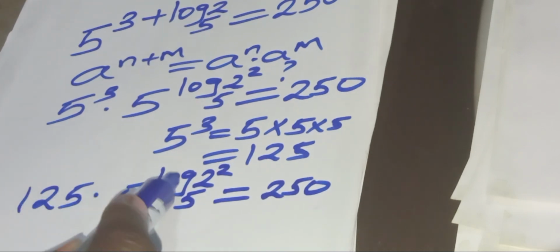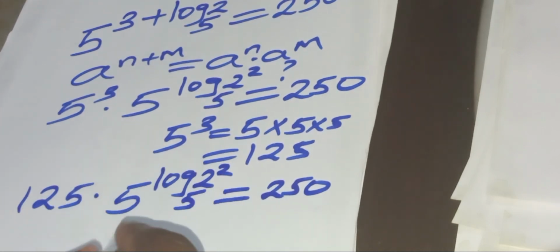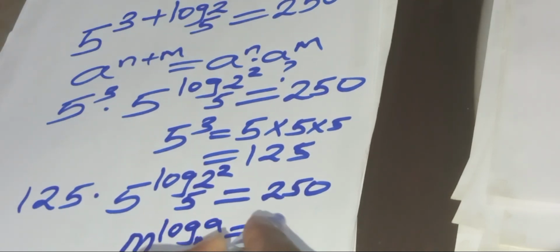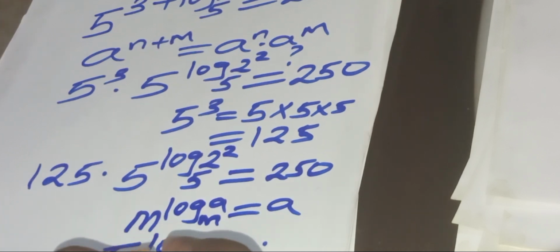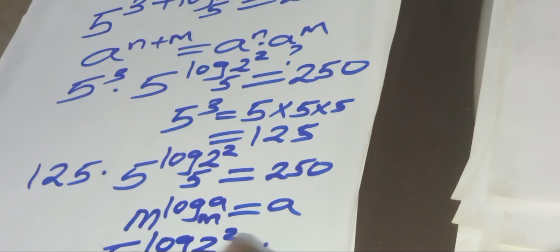Now, 5 to the power log 2 to the power 2 to base 5, this is in the form of m to the power log a to base m, which you can express as a. So this is equal to 2 to the power 2. Now, 2 to the power 2 is the same thing as 4.